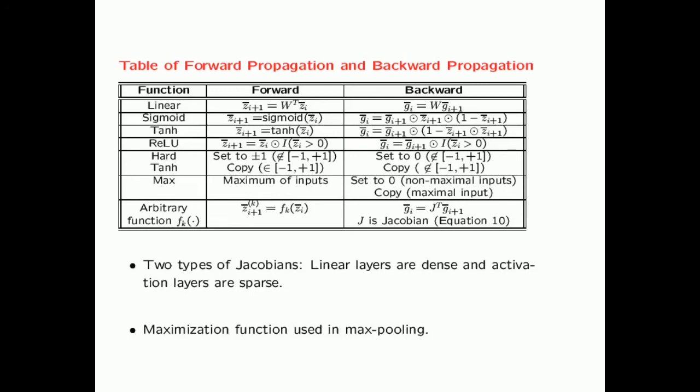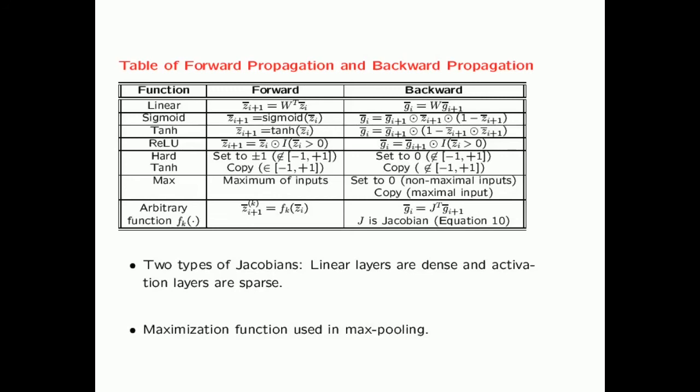Now there is one more here, which I have also shown for the maximization of inputs. Where do you need maximization of inputs? This is basically used in max pooling. The key point here is that in all of these cases, it comes down to multiplying the gradients with a Jacobian. Now there are two types of Jacobian. In the linear layers, where you're multiplying with a weight matrix, the Jacobians are actually dense matrices.